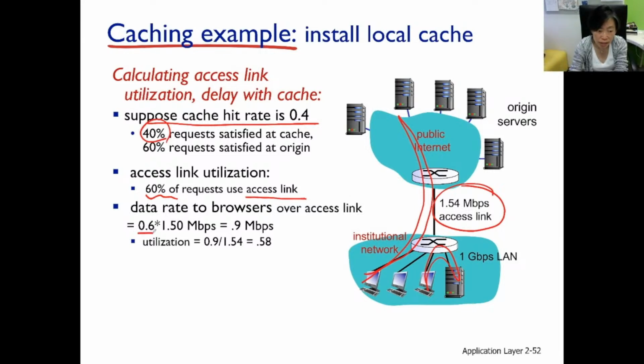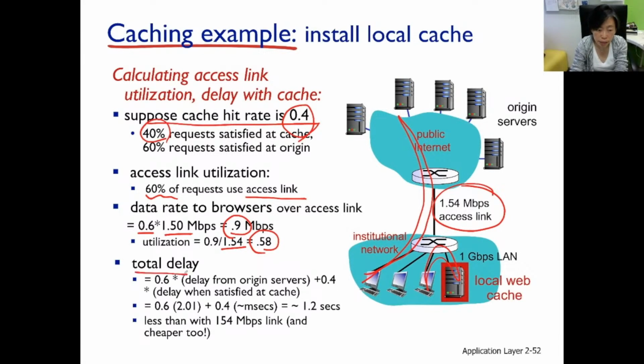And how much is that? With 60% of the traffic, it's only this much traffic on the 1.54 megabits access link, only 58%. So we cut the utilization from 99% to 58% if we end up having this hit rate. Now let's calculate the total delay. 60% of the time it's going to be a long delay all the way to the server and back, and 40% of the time just on the local LAN.